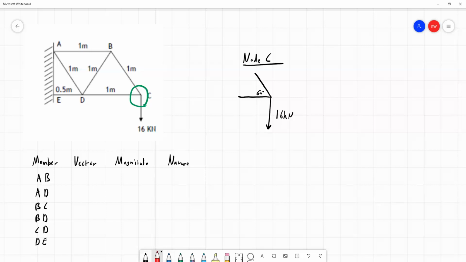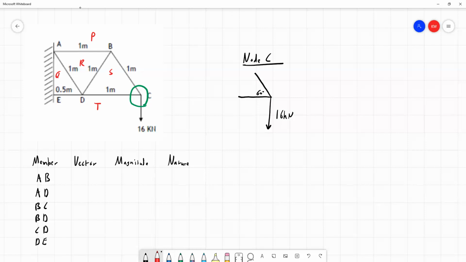Now we need to have names for all of our spaces in this structure, because we can't use the lettering of the nodes. These don't correspond to the spaces, these correspond to the nodes. So we're just going to choose arbitrarily this lettering here, P, Q, R, S, and T, so that every space in between forces is lettered with a different letter.